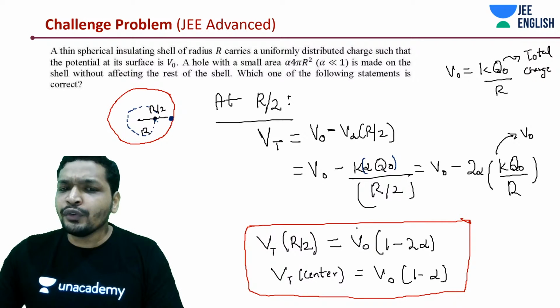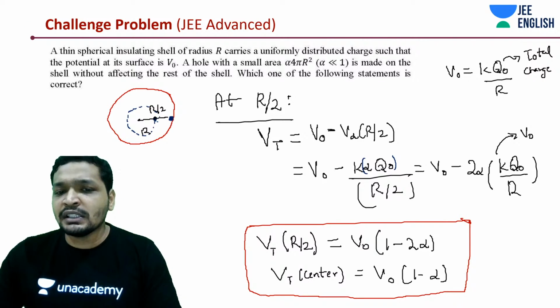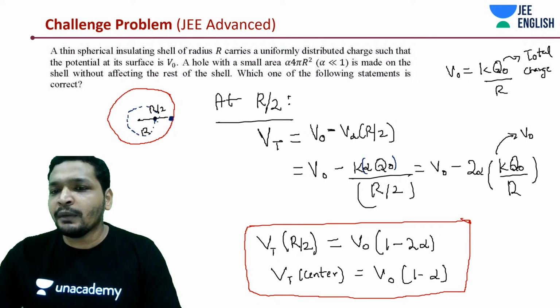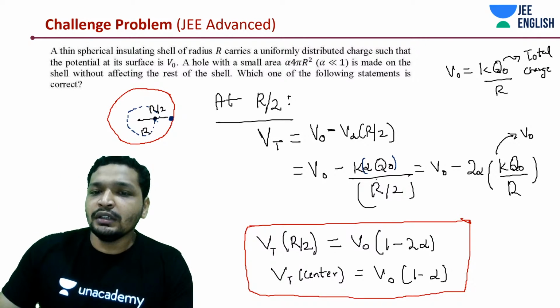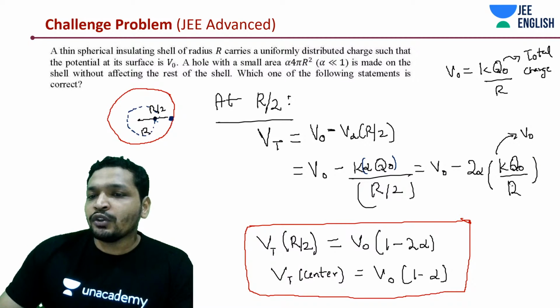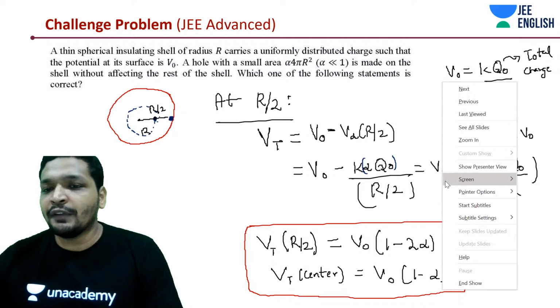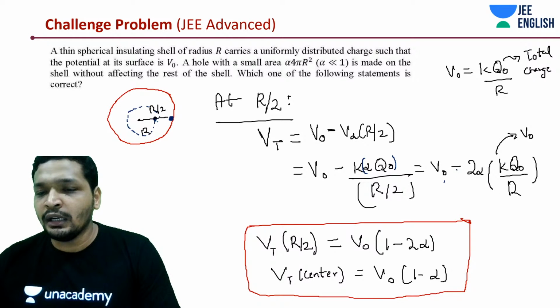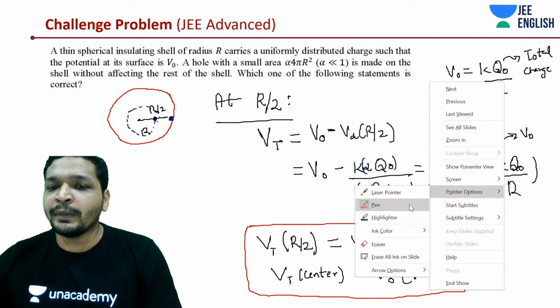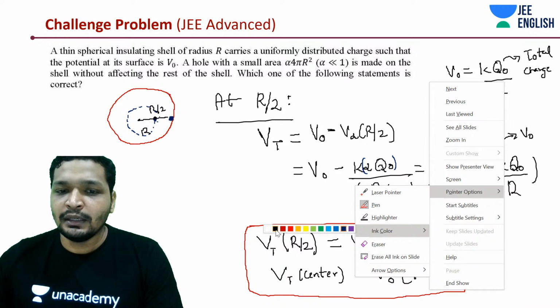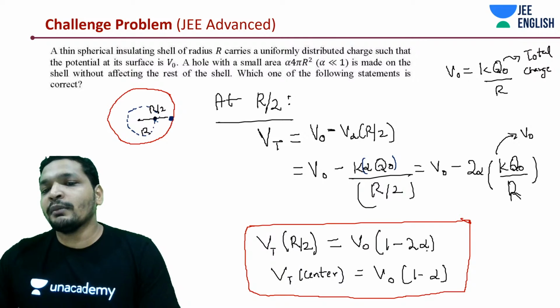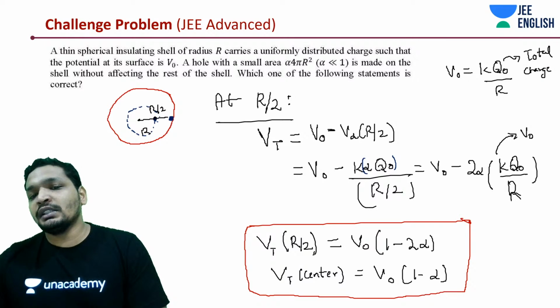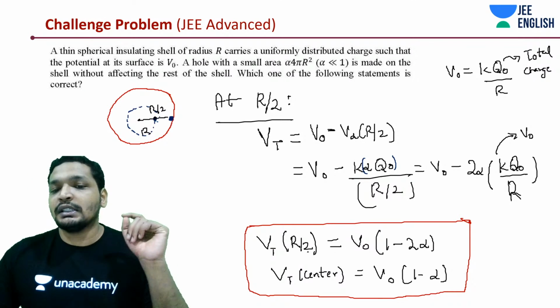That would give you at r by 2 a potential of V naught into 1 minus 2 alpha, because if you take out 2 alpha over here, r by 2 would give 2 alpha in the numerator, and that is going to be k q naught by r, which is nothing but V naught. V naught into 1 minus 2 alpha is at r by 2 distance.